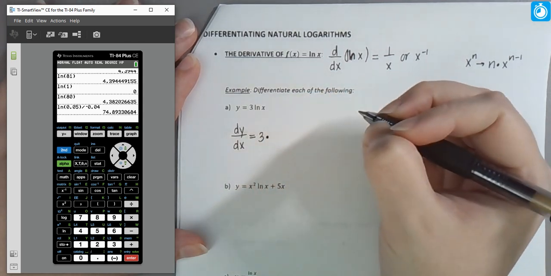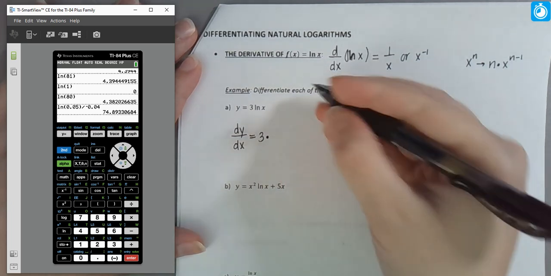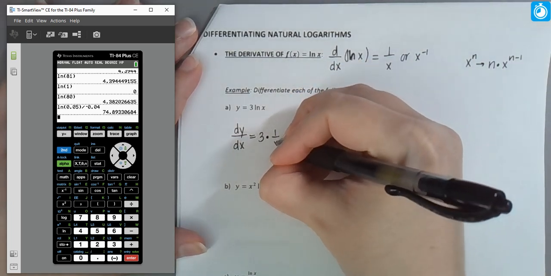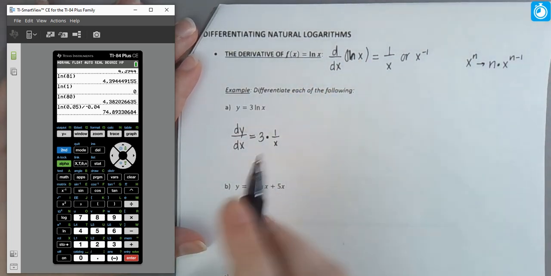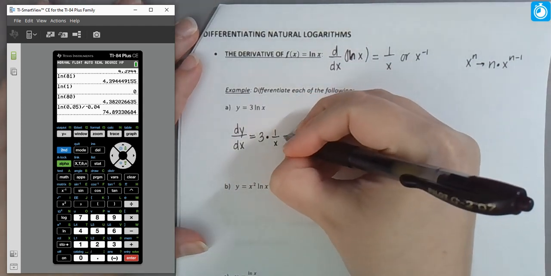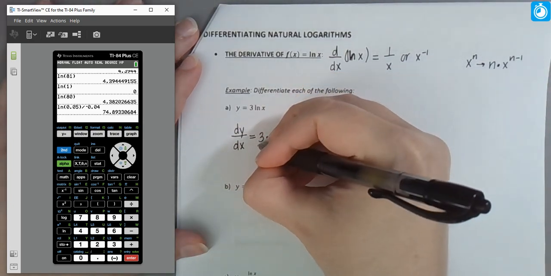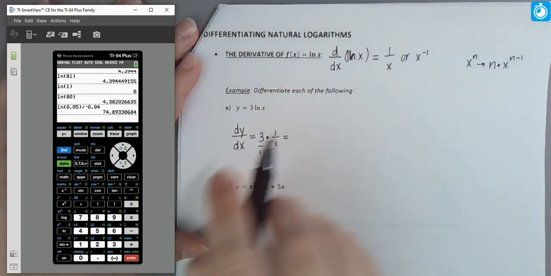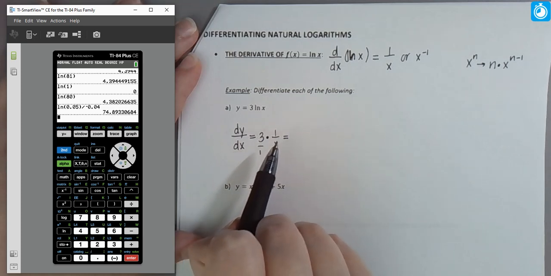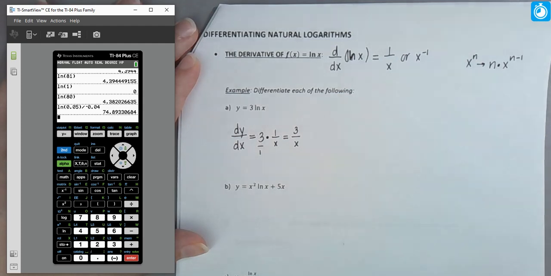So we're just differentiating the natural log of x, and we know its derivative is going to be 1 over x. So our derivative is going to be 3 times 1 over x. And if we simplify that down, remember 3, think of that as 3 over 1. So our numerators multiply straight across, as do our denominators. So that simplifies to 3 over x.